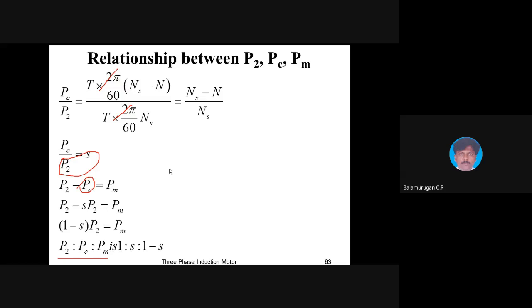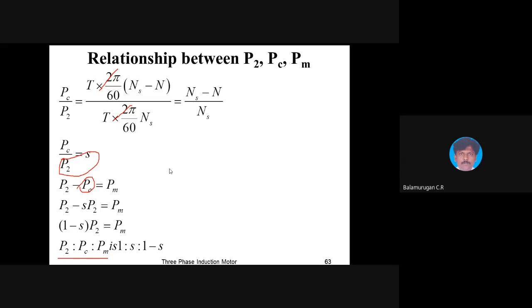So this is the relationship between P2, PM and PC. These three terms are related to the slip value.